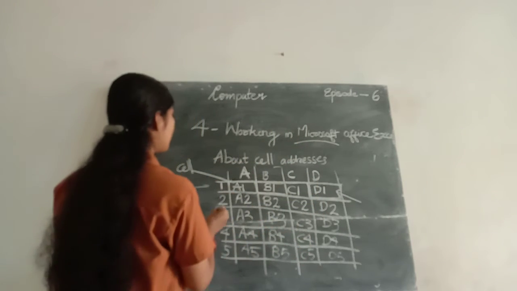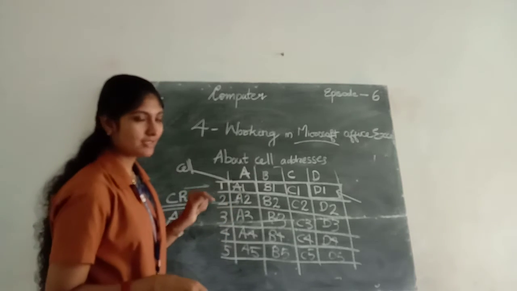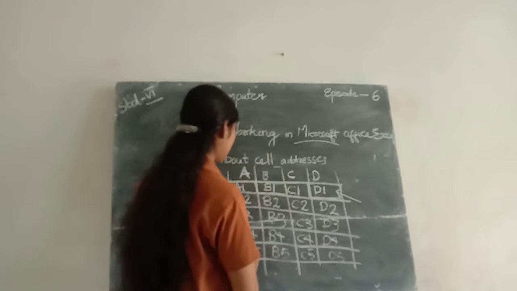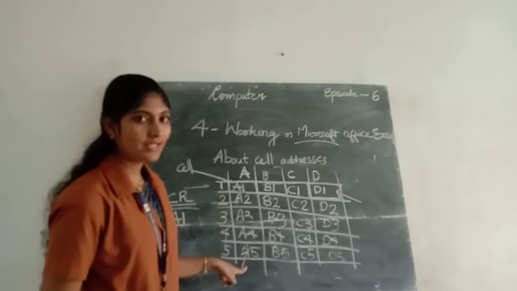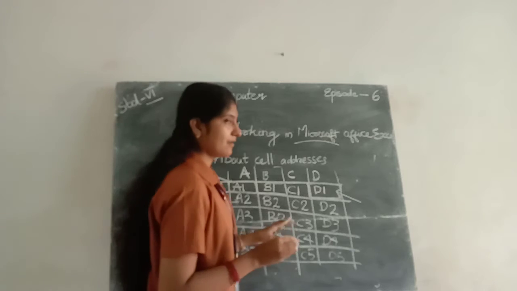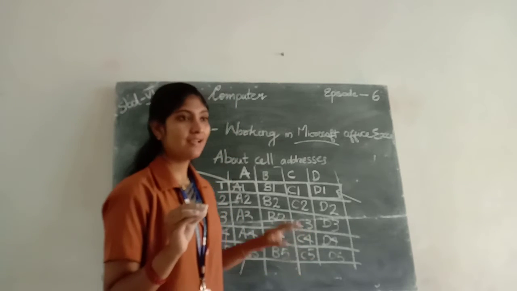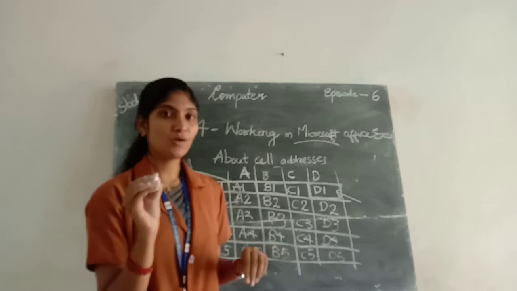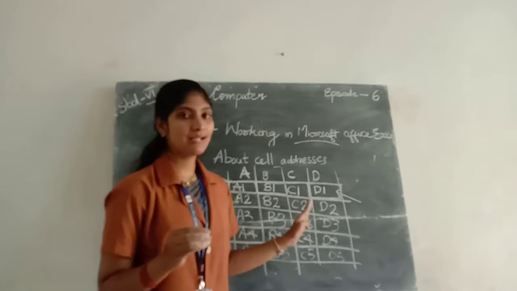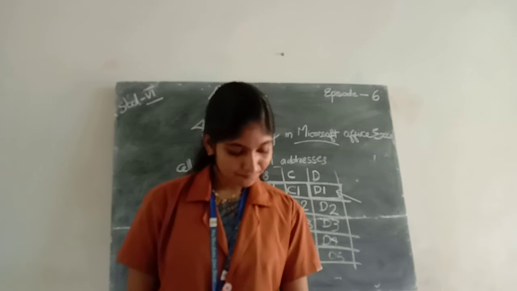Then if we click the mouse pointer on the cell A2, A2 is active. If we click on the cell A5, then A5 is active. So when you click the mouse pointer on any cell, it will be active. So there is an activity here.